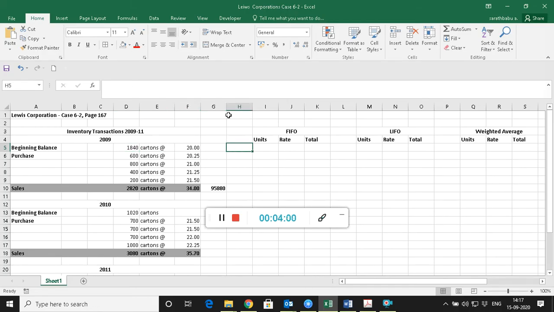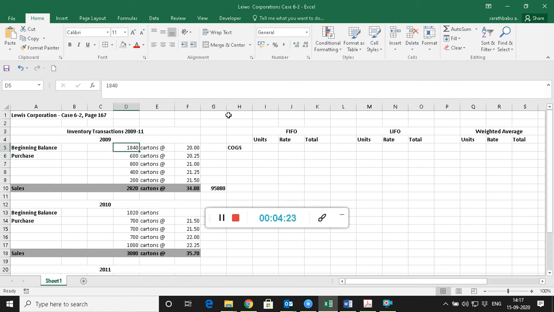So I'm going to calculate COGS as per FIFO method. FIFO is nothing but first in, first out. The first lot that I have, I'll be consuming for my COGS, and then I'll move on lot by lot.